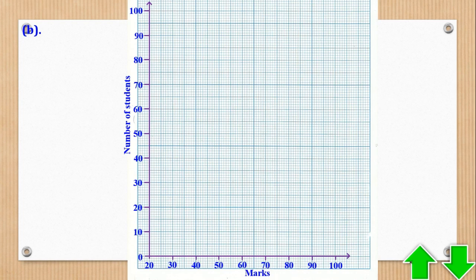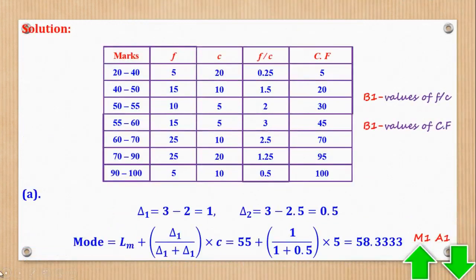Then you have to start to plot. Most students plot wrongly. They plot the lower class boundary. This is the lower class boundary and this is the upper class boundary. If you plot 20 with 5, that is already the lower class boundary and makes everything wrong.